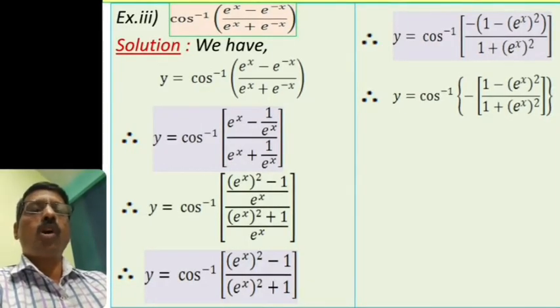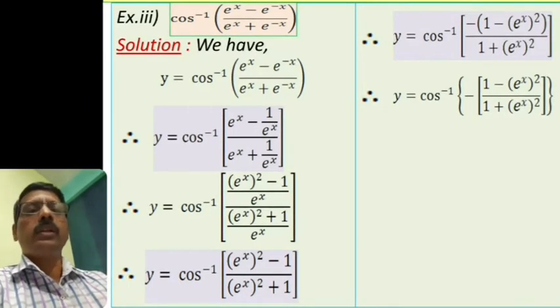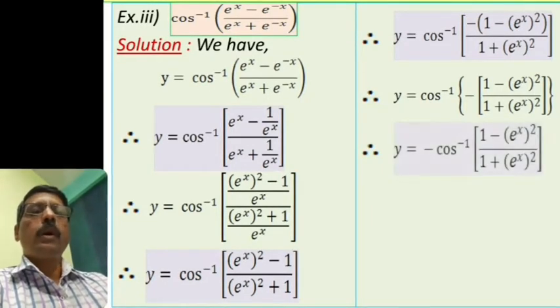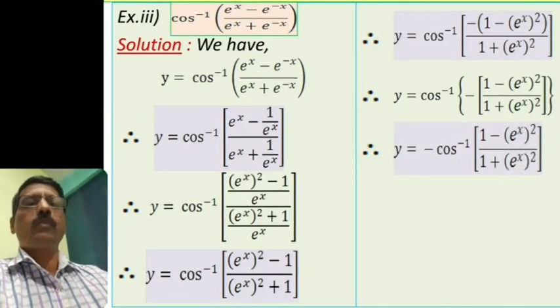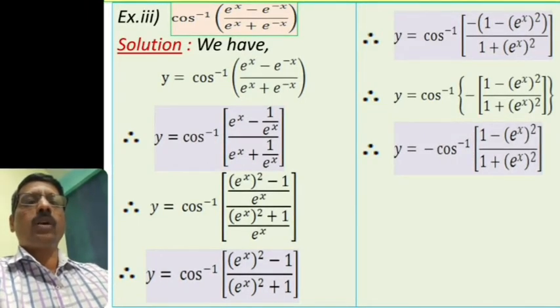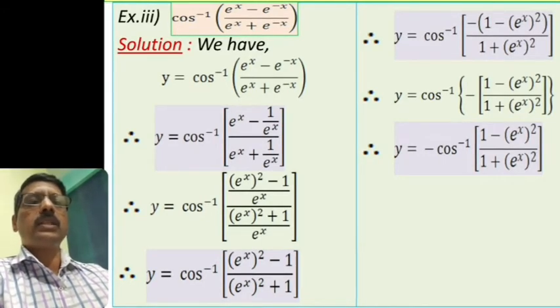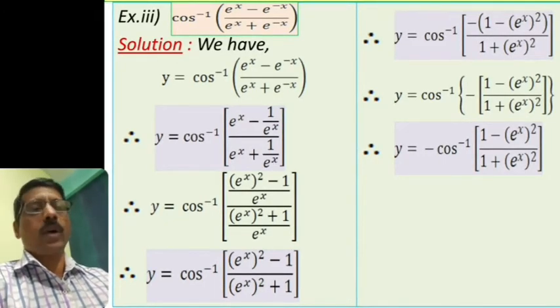Now we have to use the formula cos inverse of minus theta equal to minus cos inverse of theta. And therefore the given function becomes y equal to minus cos inverse of (1 minus (e raised to x) square) upon (1 plus (e raised to x) square). Okay, that is the given function.